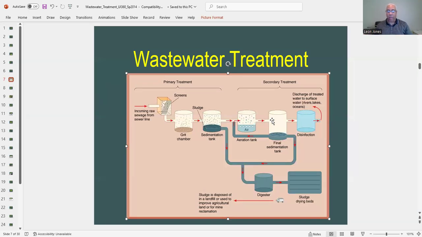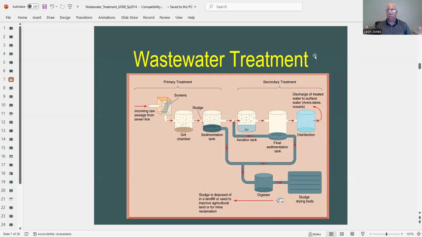So again, what you're looking at here on this PowerPoint is how a wastewater treatment plant works. Now, again, I'm giving it to you from the practical side. Now you have to know what the different pieces of equipment are during the process, and you have to understand that there are two processes: primary and secondary treatment.